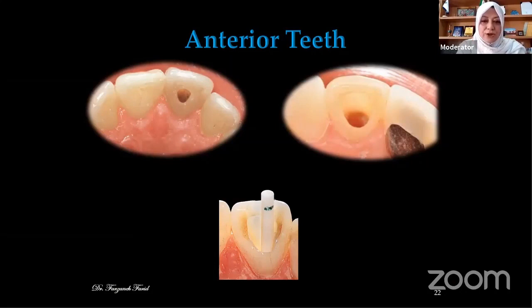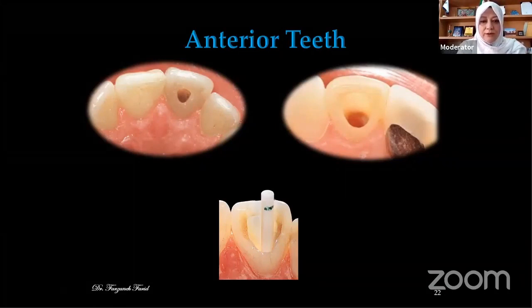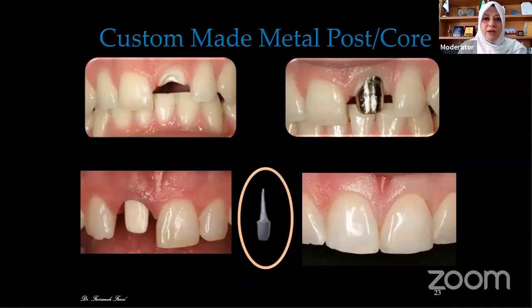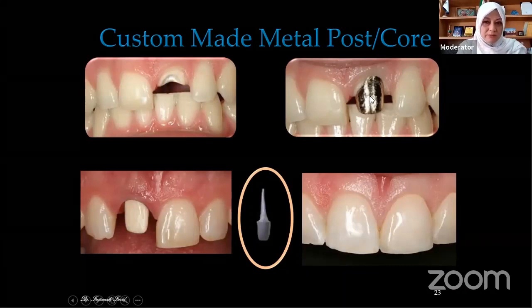In this situation, the fiber post cannot resist any lateral forces. So if you think that the remaining tooth structure is not enough to tolerate lateral forces, it is better to use post and core crowns.